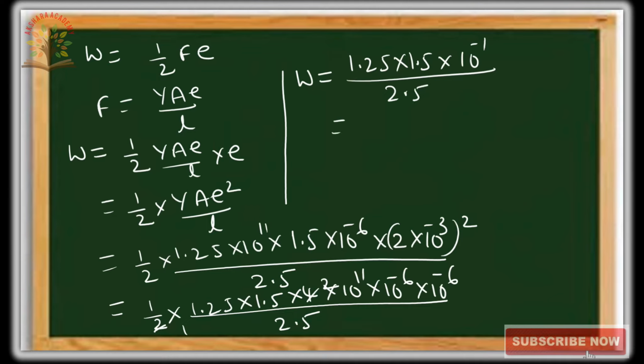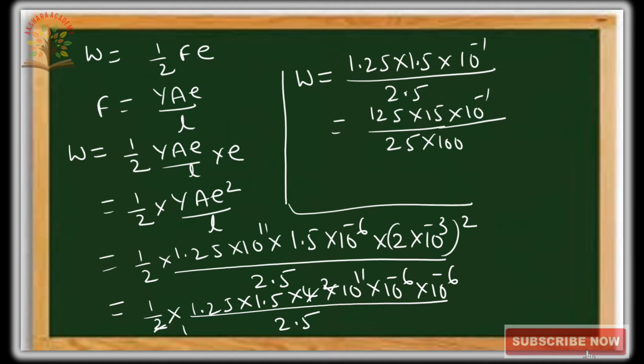After cancellation we are getting 125 into 15 into 10 to the power of minus 1 by 2.5, nothing but 25. Here we are writing into 100, converting to decimal representation.